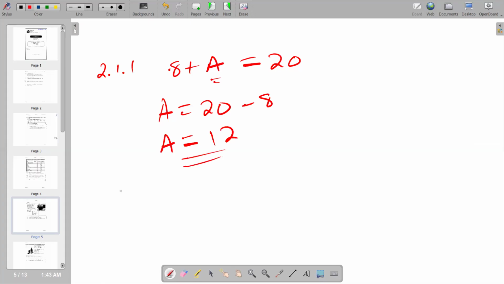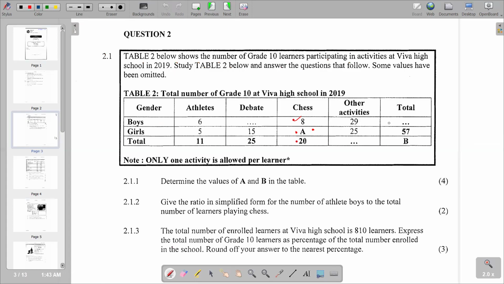Then we go to the calculation of B. B is in the column that is the total. We can find B by adding this figure and this figure. But to get this figure, the total here, we say 6 plus the boys who are doing debate plus 8 plus 29.